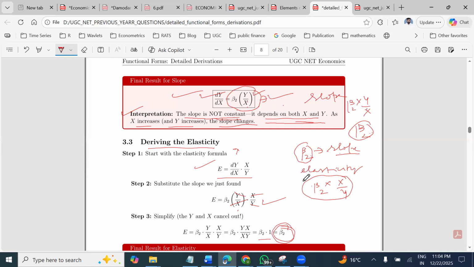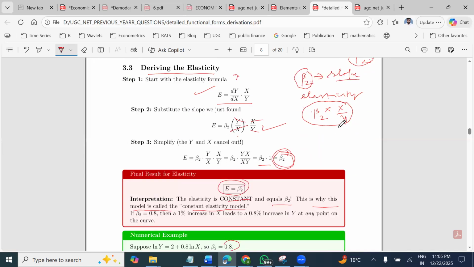But in the log linear model, the elasticity is beta 2. This is for the y by x, meaning this is actually for dy by dx, right? So the elasticity is basically beta 2. But for the linear model, it is beta 2 times x upon y.